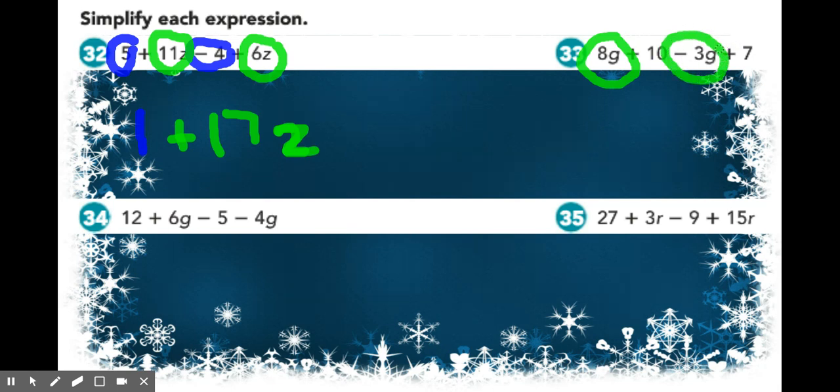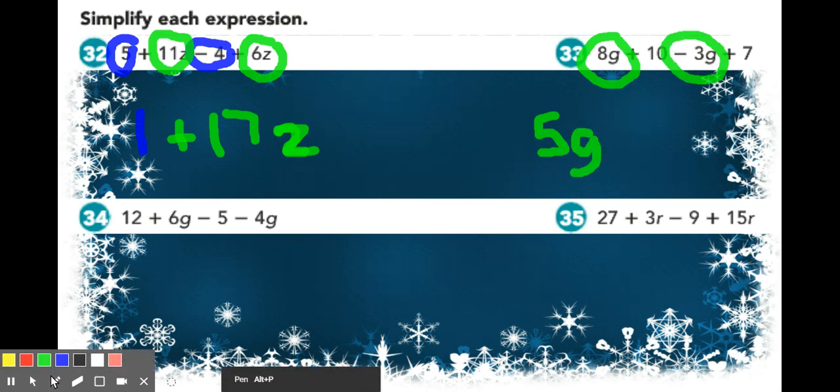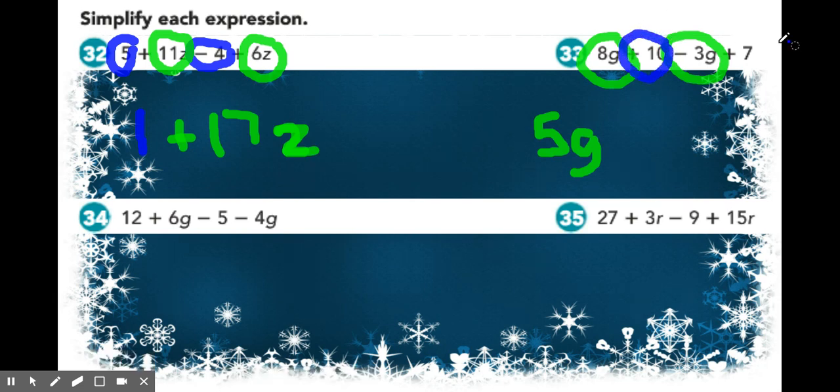Here I have a minus 3g or a negative 3g. So 8g minus 3g will give me 5g. Then I have a constant of a positive 10 and a constant of a positive 7. So when I combine those, I get a positive 17.